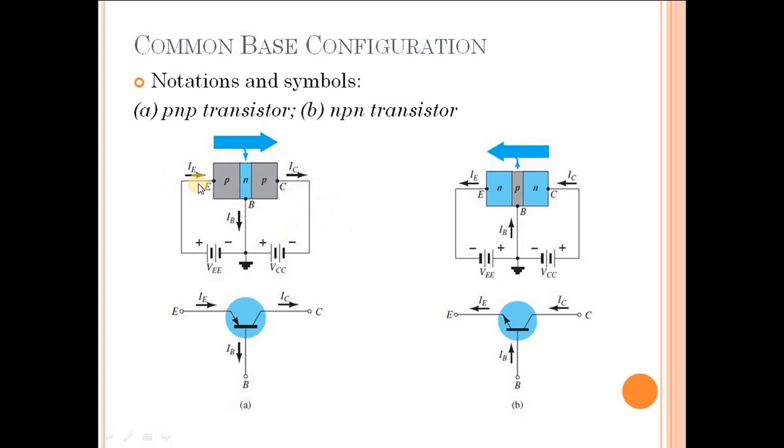Common means the emitter base PN junction with this DC bias completes a circuit which comprises the input loop, whereas the collector base PN junction along with this DC bias completes a circuit which is your output loop.